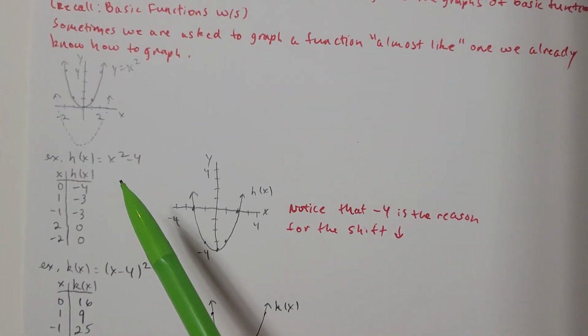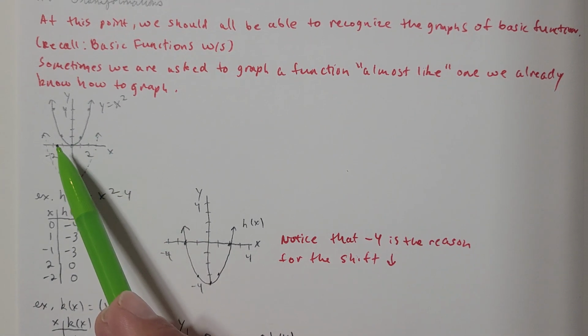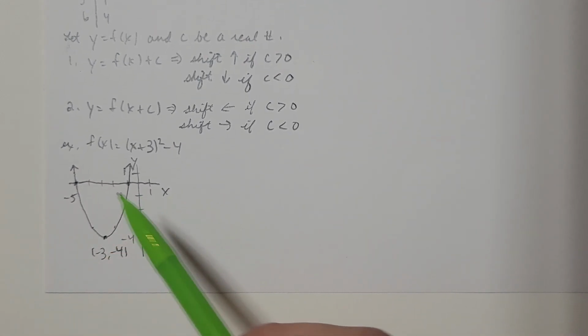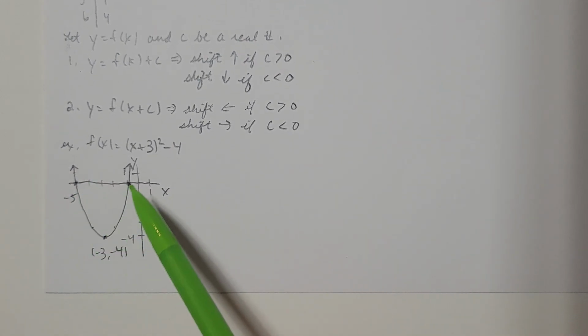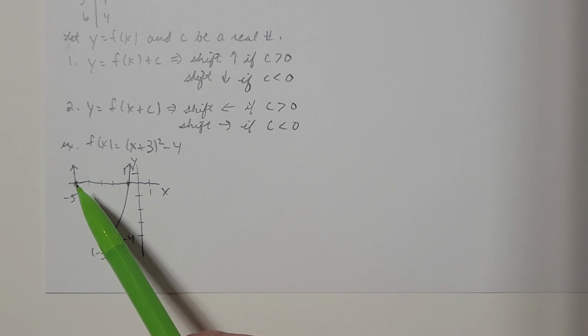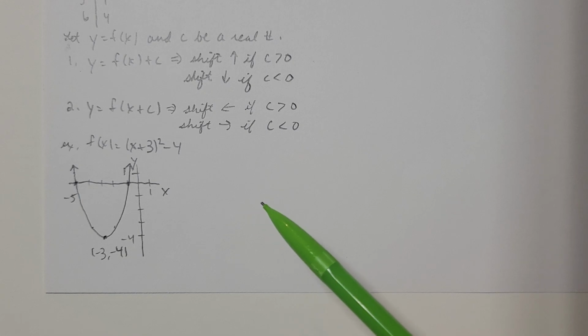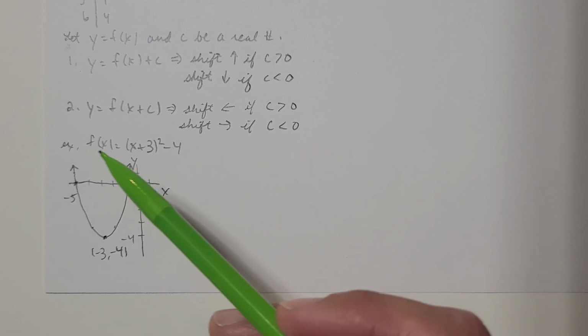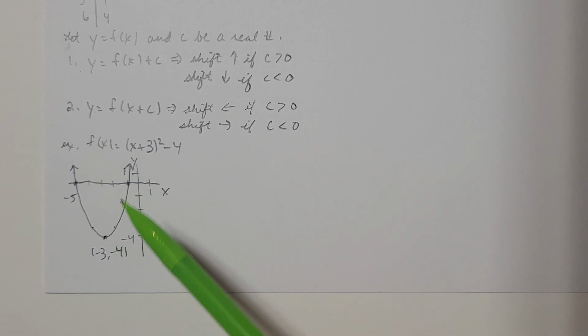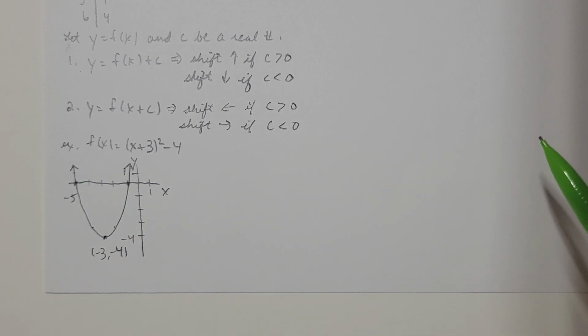And here's the point -2, 4. If I go to the left 3 and then down 4, that point would land at -5, 0. So all these points are going to move, and then I can draw a parabola, and that'd be a quick rough sketch of the graph of f of x.